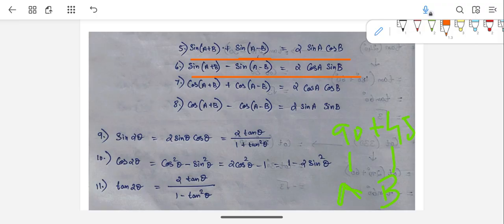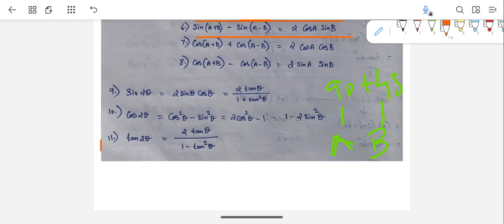So there is nothing to explain, right? Moving forward, this is a very, very important thing, guys. This 9, 10, 11 is very important, I am saying again. It is another application. First, what you have seen is sin(a+b), right?